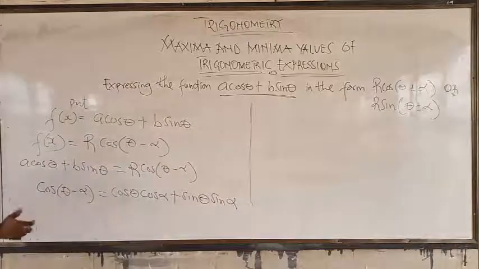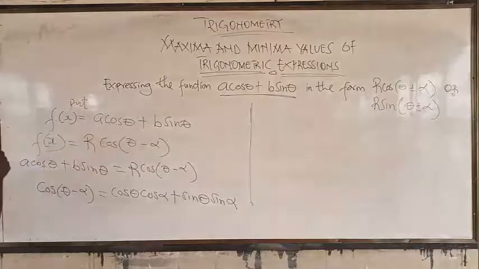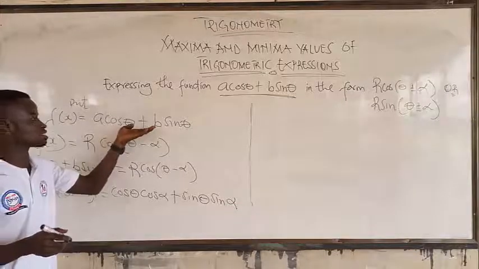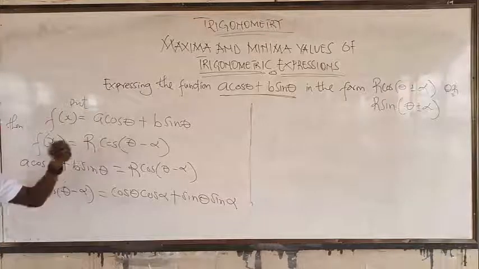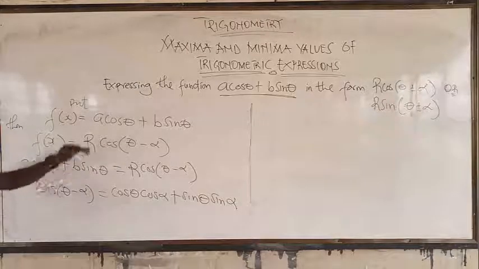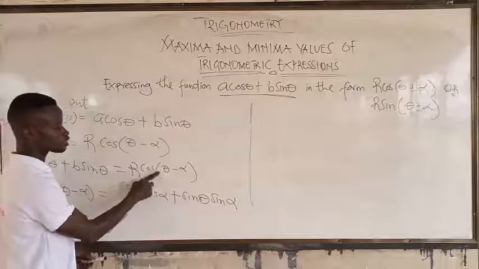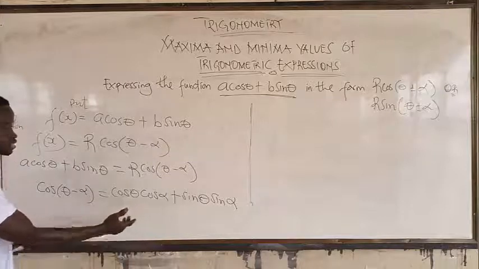Very good. So you can see, put f of x to be equal to this. Then, since we want to express this in this form, we are going to equate this f of x to be equal to this. So after equating, then we know that cos theta minus alpha is in the form cos a minus b, and that is going to give you this.